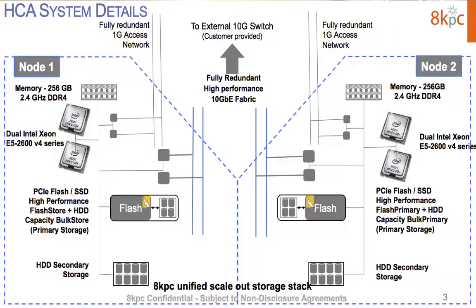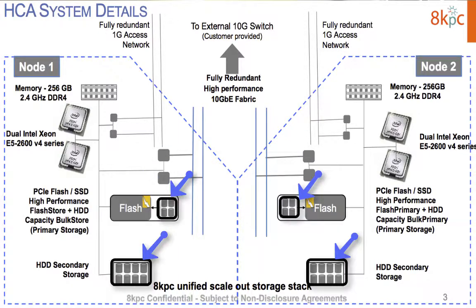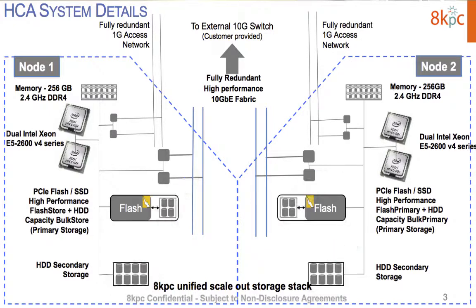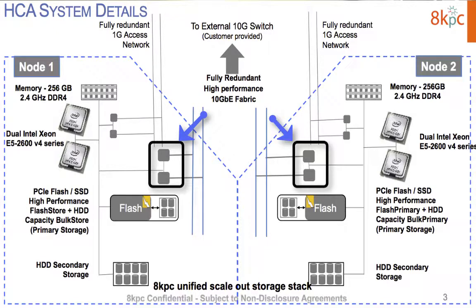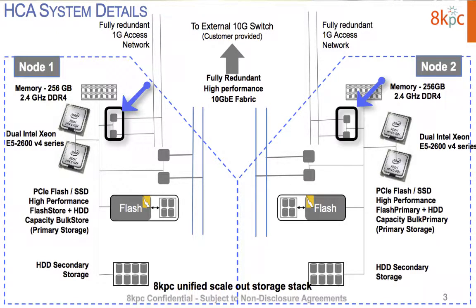Each appliance also has multiple flash drives and hard disk drives, creating a layered storage architecture which is embedded in each node. Each node has dual network ports in it. There are two 10 gigabit Ethernet ports, and there are two 1 gigabit Ethernet ports, providing full redundancy for network connections into the 8kpc cluster.